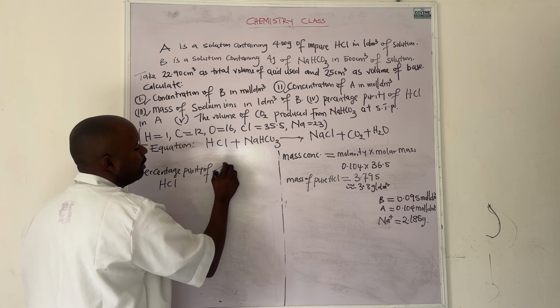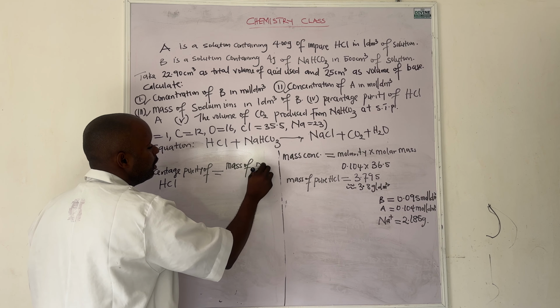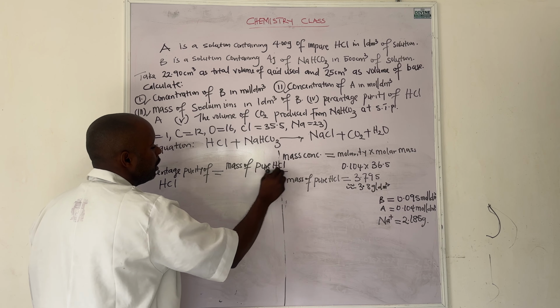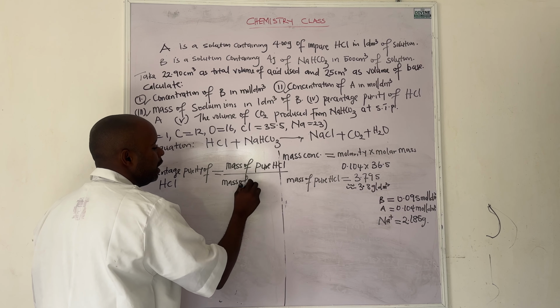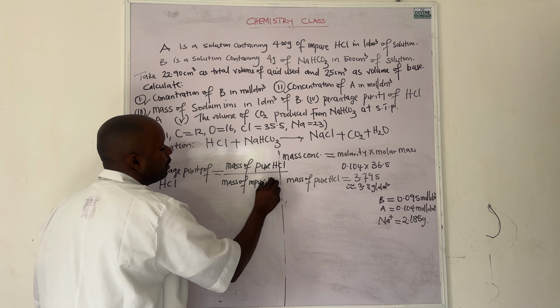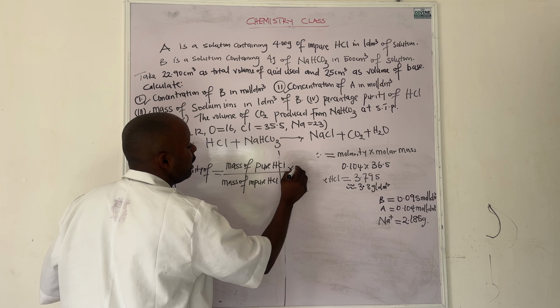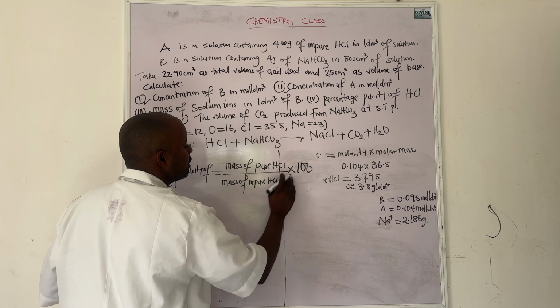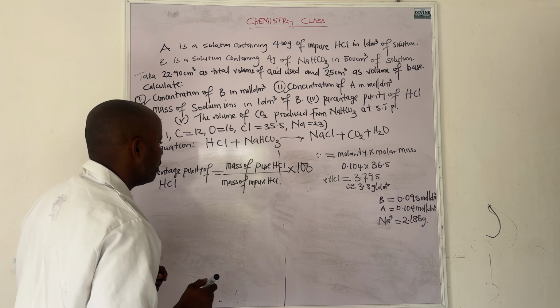It's given as the mass of pure HCl all over the mass of impure HCl times 100. Since we're talking about percentage, it is multiplied by 100.